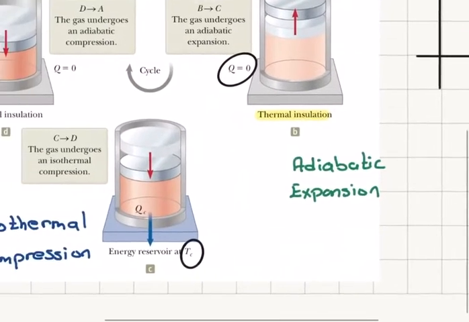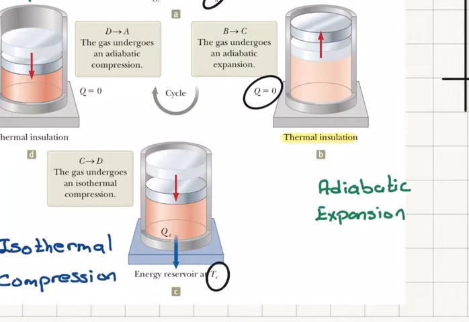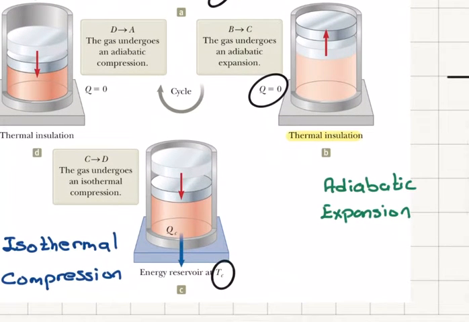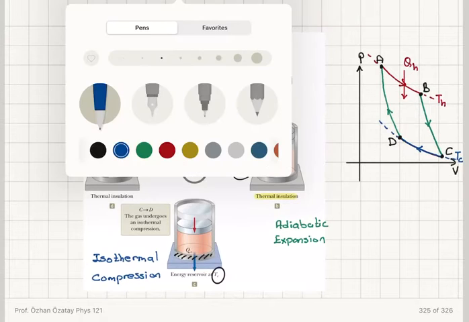Now this is the point where we are in contact with the cold energy reservoir, and therefore we have a thermal contact here, and we are releasing heat to the cold reservoir, and it's an isothermal compression process.